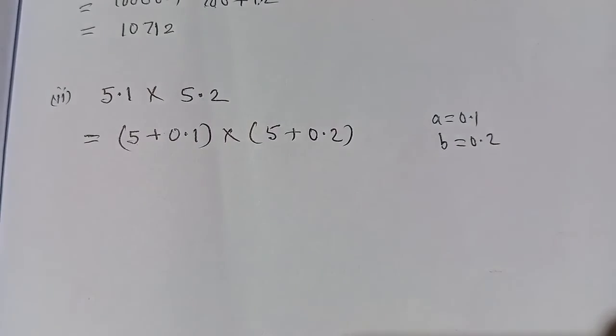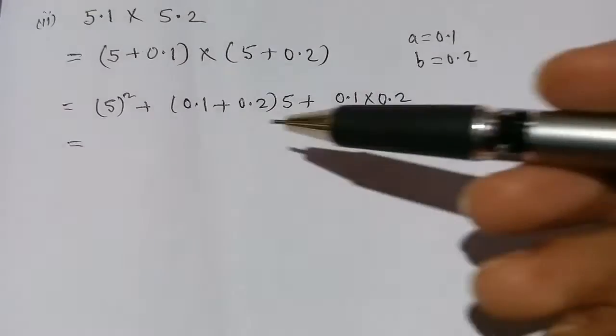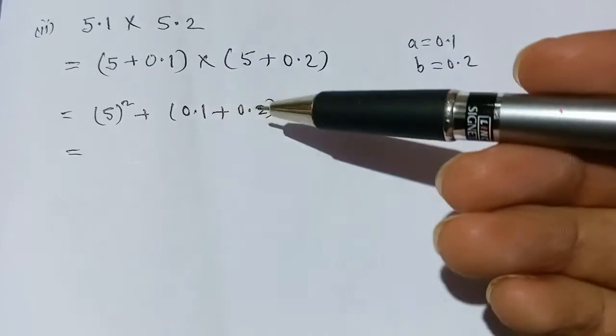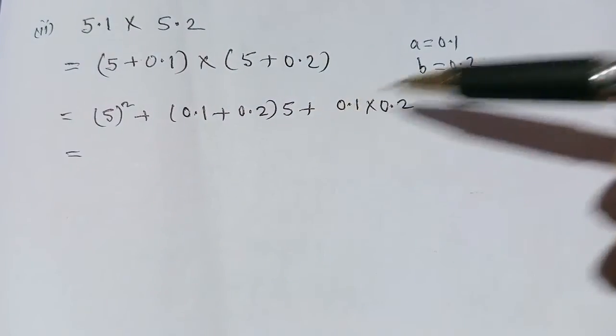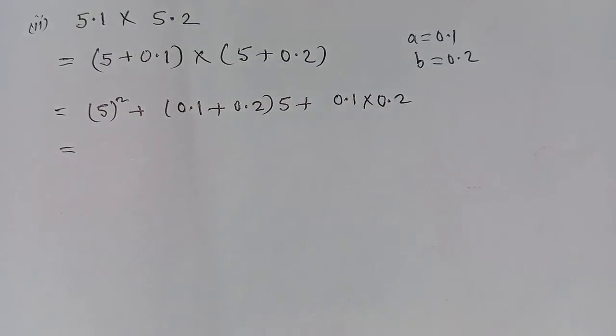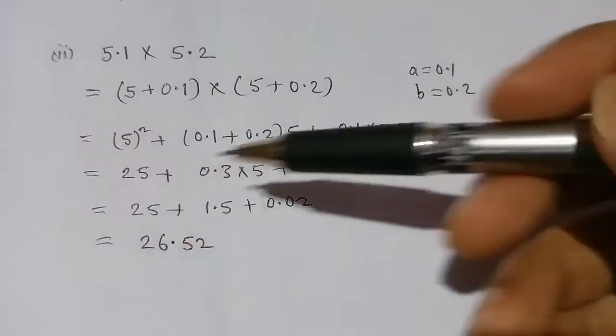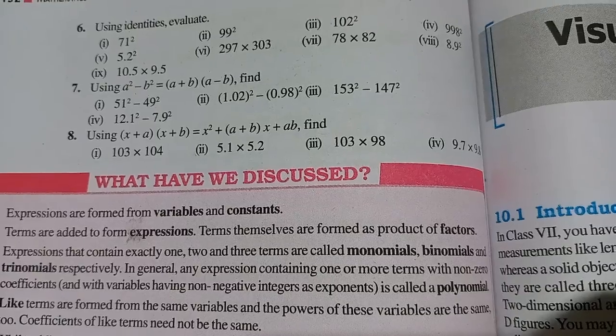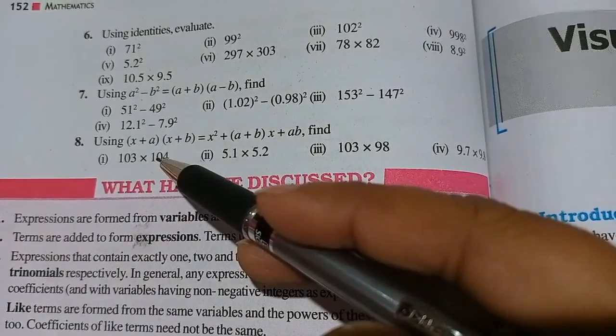Now we'll apply the formula: 5 square plus A plus B, that is 0.1 plus 0.2, into 5, plus 0.1 into 0.2. Now solve it. So you can see this is the solution of this question after solving. Okay, so now I hope you have understood this question number 8 also.